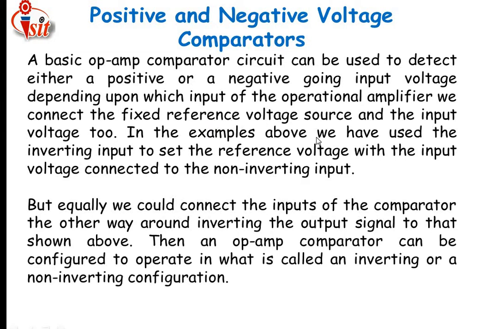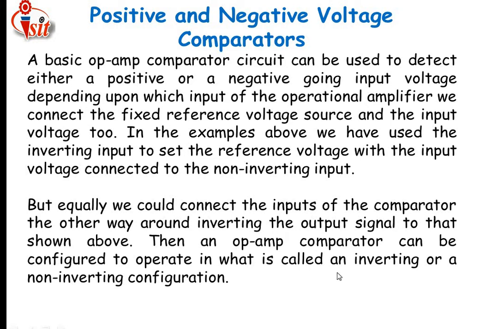In the example above, we have used the inverting input to set the reference voltage, with the input voltage connected to the non-inverting input, but equally we could connect the inputs of the comparator the other way around, inverting the output signal to that shown above.